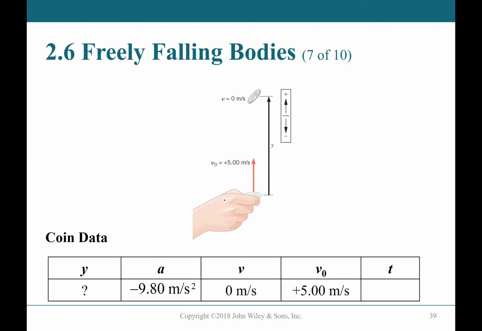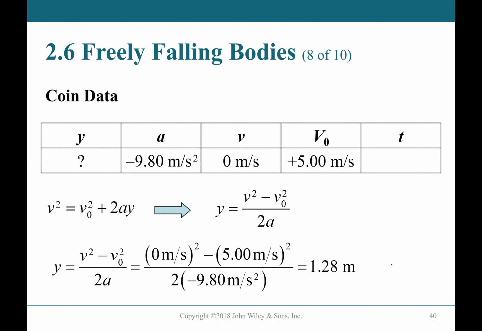That's what I'm looking for. What's not given in the problem? Time. So now I've got to choose the equation that doesn't give me time. And of course, the equation that doesn't give me time is this equation, which I rearrange to solve for y. Once I rearrange it, then I plug in the values that are given, I find y. And you notice now in this case that y is positive because it says how high above this point of release did it go? And of course, it has to be what? A positive number.